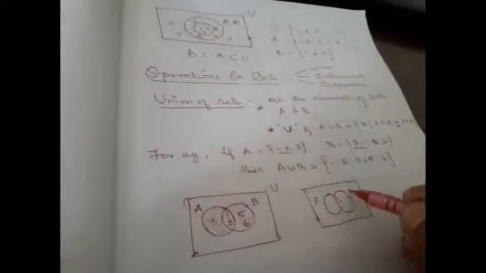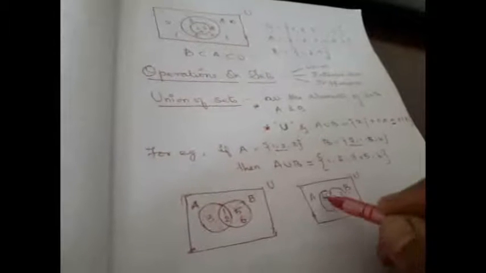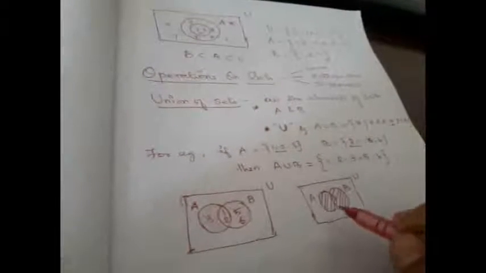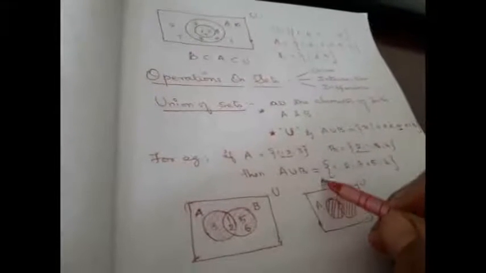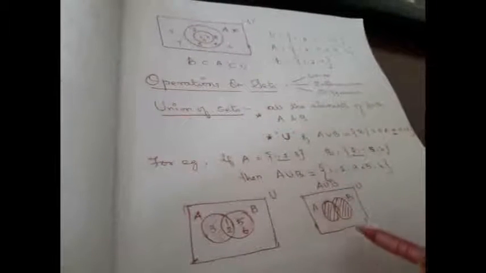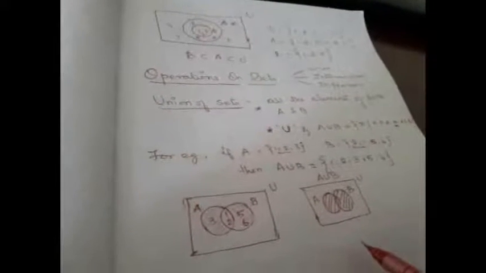Means A, B, and this is the union. Then by shading, how will you identify the union of two sets? This is the region of A union B. Because the region of A union B should include the region of A as well as the region of B. So this represents A union B. This is the representation of A union B through a Venn diagram, right?